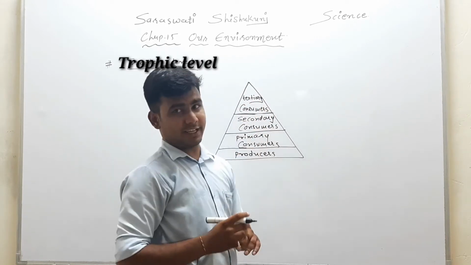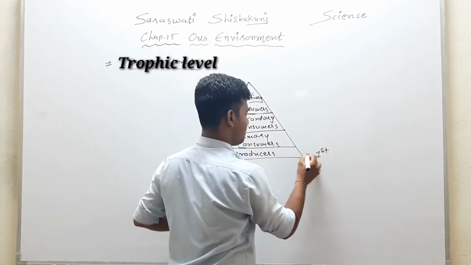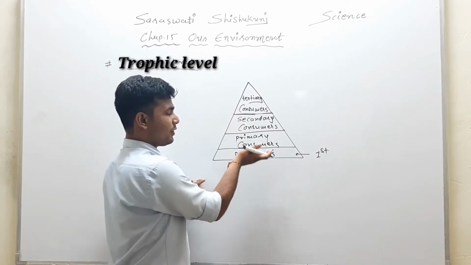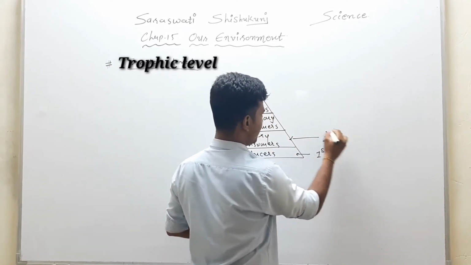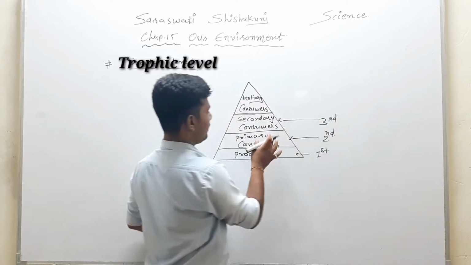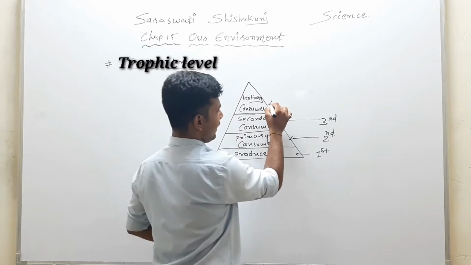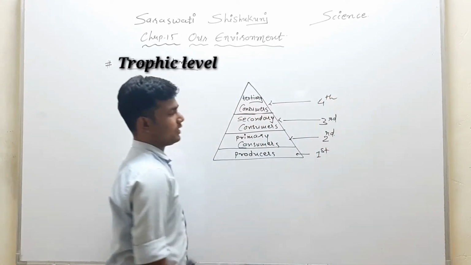As you can see here, the first trophic level is of producers. From those producers, our second trophic level is consumers. Then our third trophic level is of secondary consumers, and our fourth trophic level is of tertiary consumers.